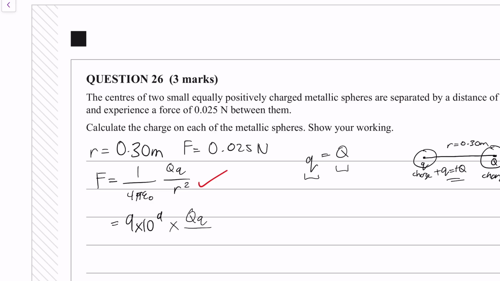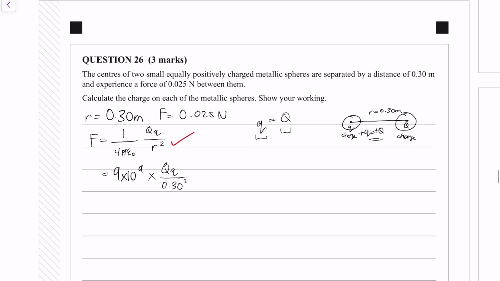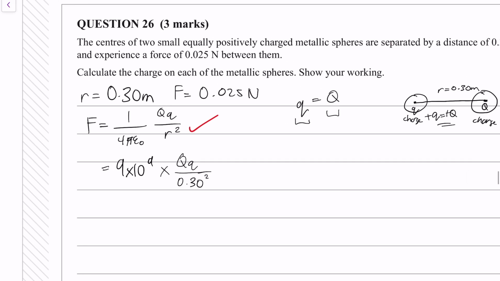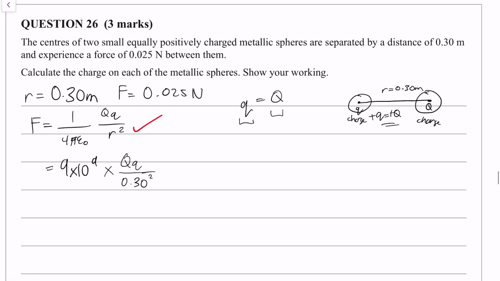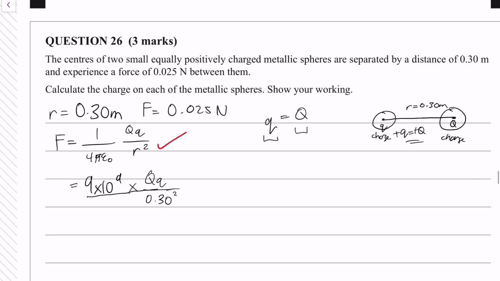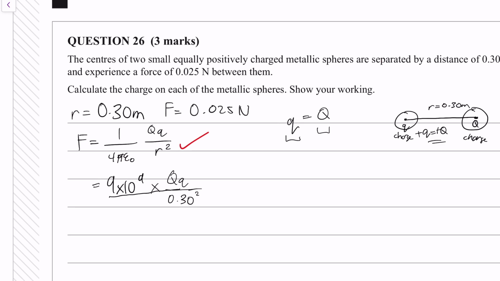We'll try to figure that out. And then our R is 0.30, and square that. Make sure you square. Don't forget the square. It's a common mistake to forget it. And that can be under one fraction because we're just doing multiplication and division here. And our force is 0.025 newtons.